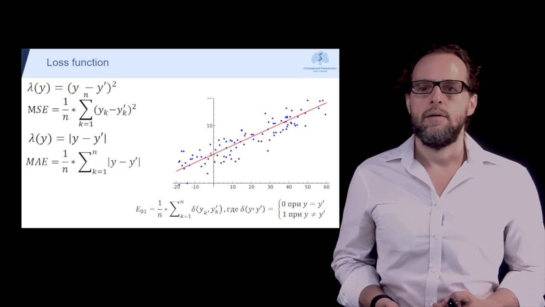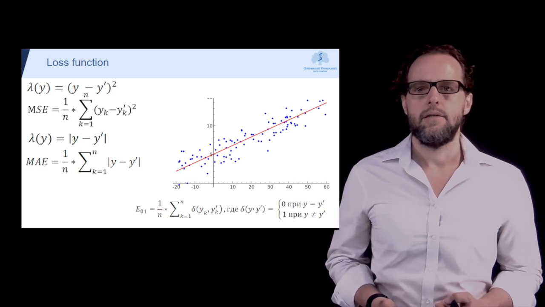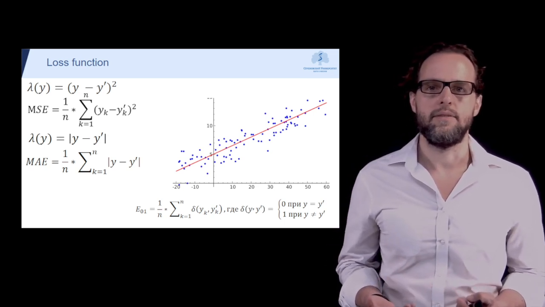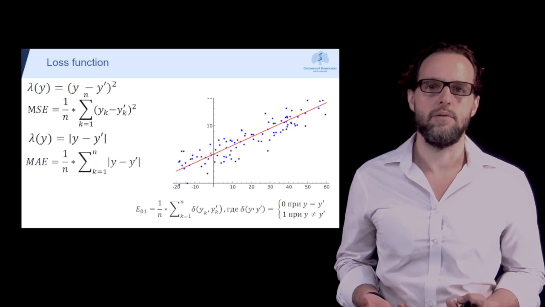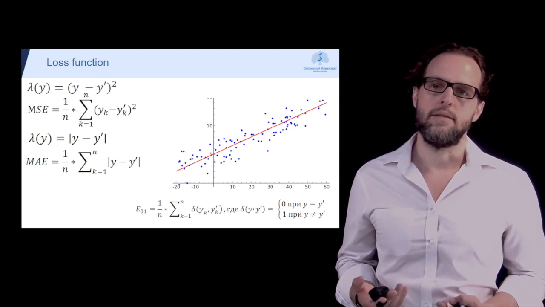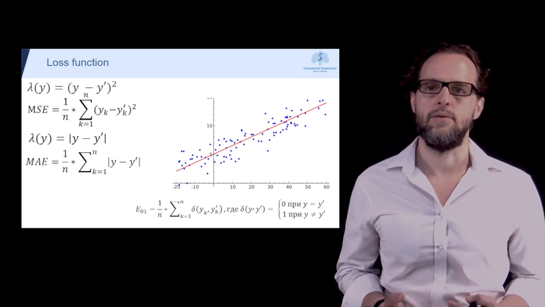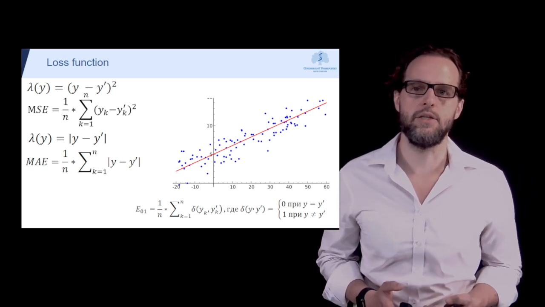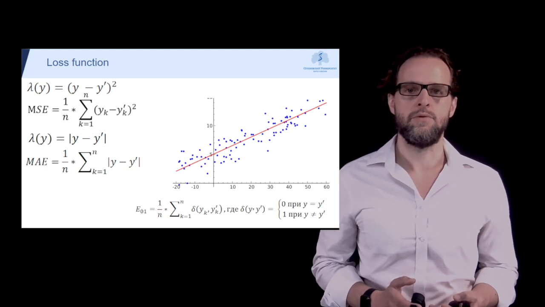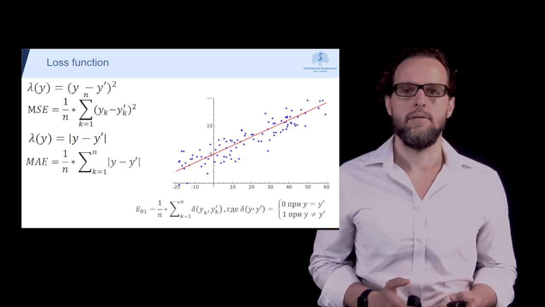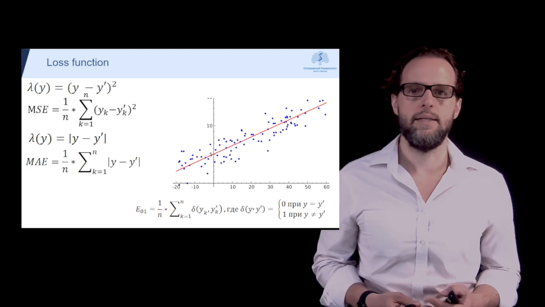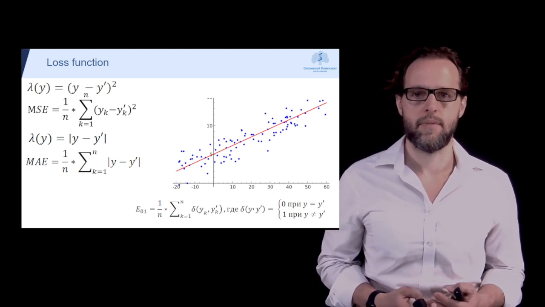Squaring of these values in the function allows us to make it insensitive to the signs, plus or minus, of the difference between the prediction and the ground truth. And also it will highlight outliers.